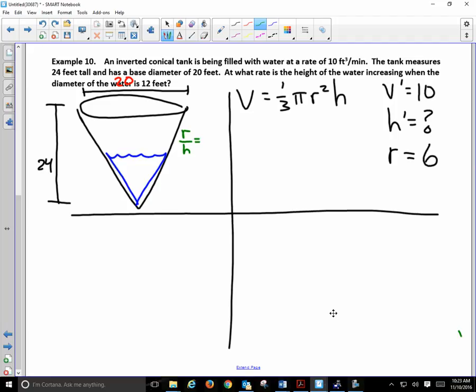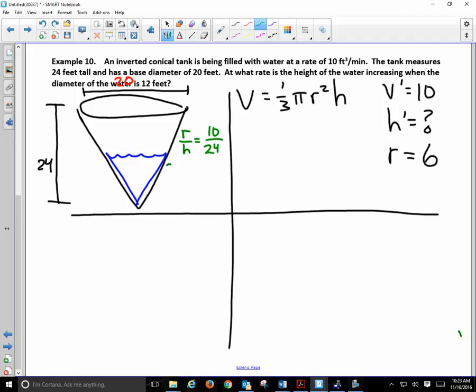What is the radius of the cone? 10. What is the height of the cone? 24. So the water, as it accumulates in the cone, will always maintain that proportion, that relationship.